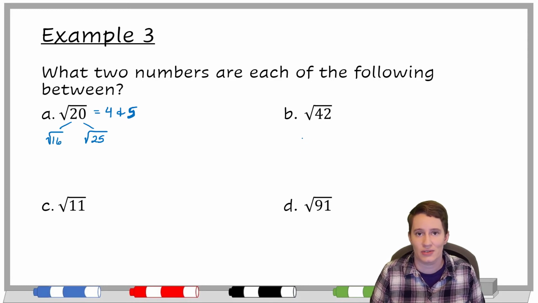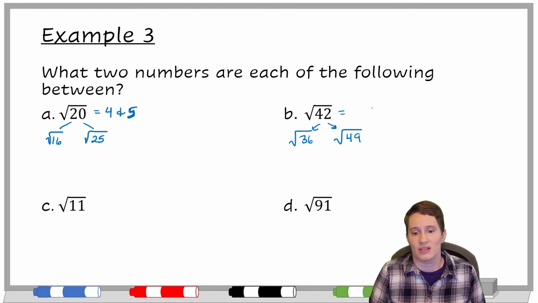I just thought this was kind of a fun thing to explore, so we're just going to do this on these next few. So square root of 42, what two square roots would this be in between? Let's see. Underneath 42 would be 36. Above 42 would be 49.